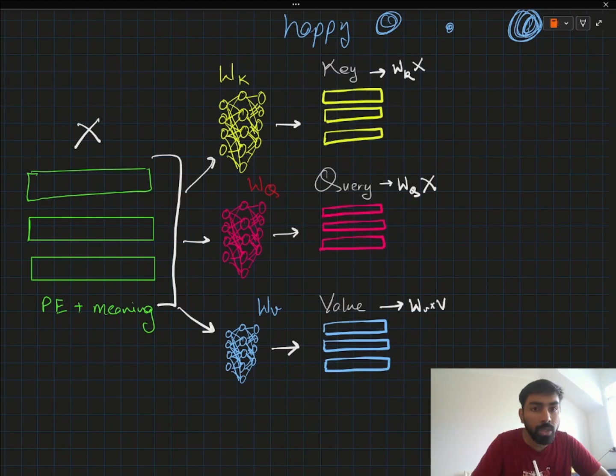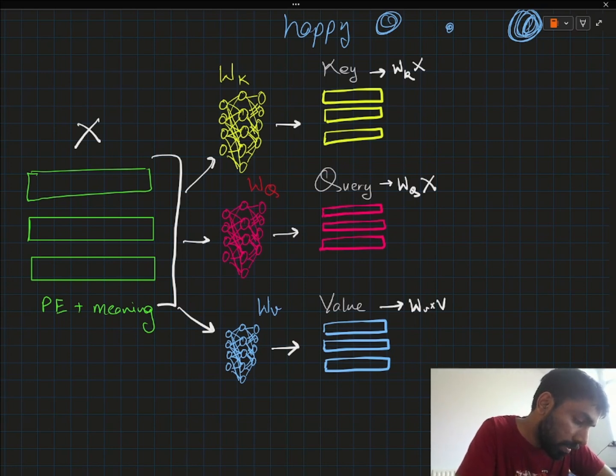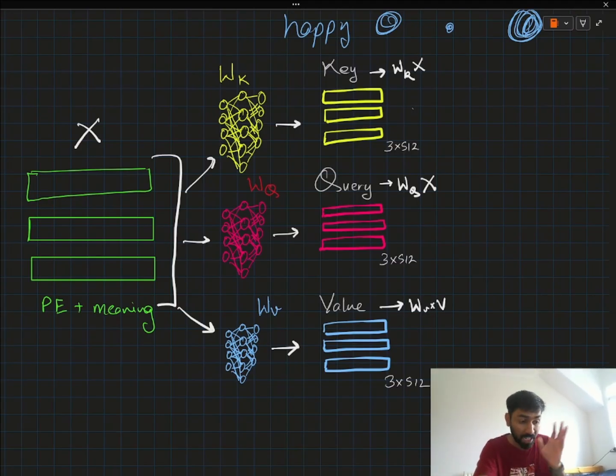Now this is nothing but a 3 cross 512 dimension vector. So this is a vectorial representation matrix, a 3 by 512 sized matrix.